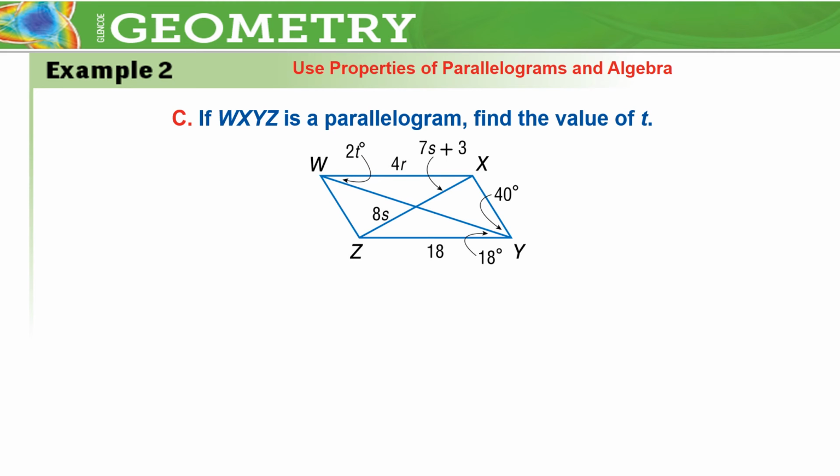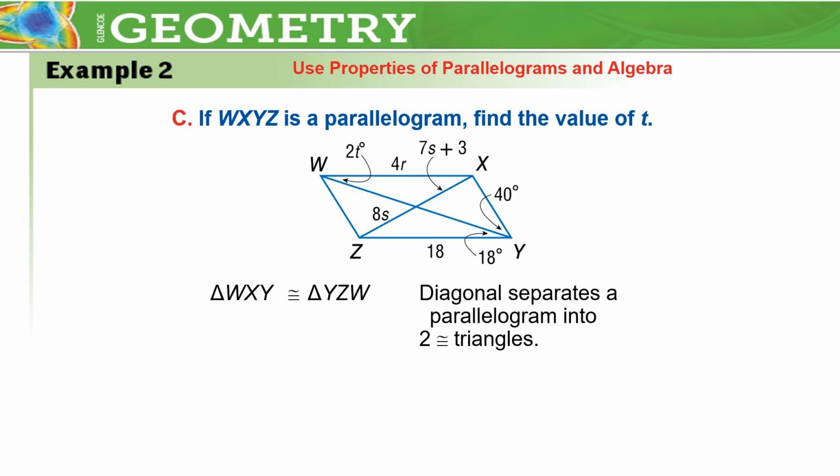Here we want to find the value of t. T here is for this angle, angle XWY. What does angle XWY equal? Don't forget, this shape is a parallelogram. When you have a parallelogram, each two opposite sides are parallel.